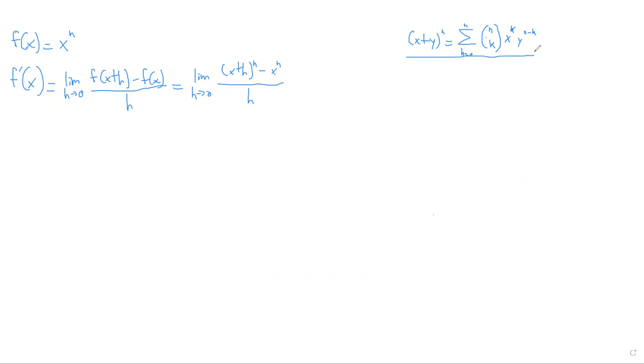This is the binomial theorem. So we're going to apply that here and say that this is equal to the limit as h tends to 0 of the sum from k equals 0 to n of n choose k, x^(n-k) h^k, minus x^n, all over h.